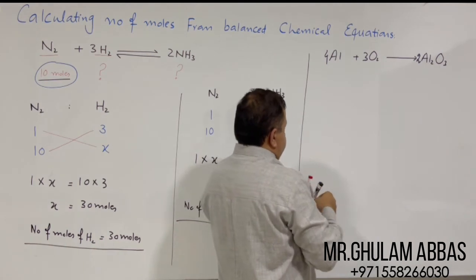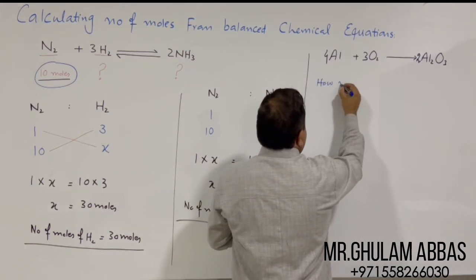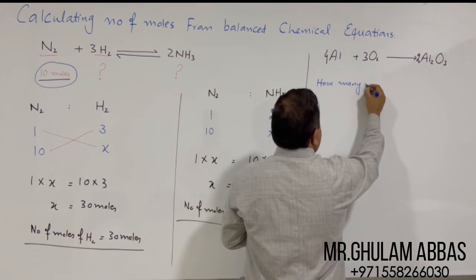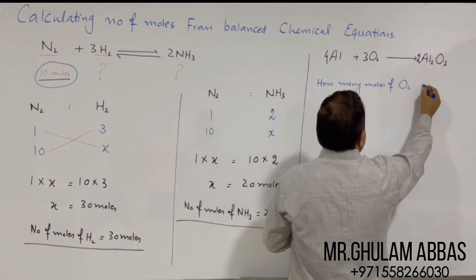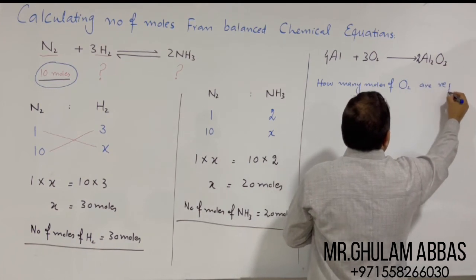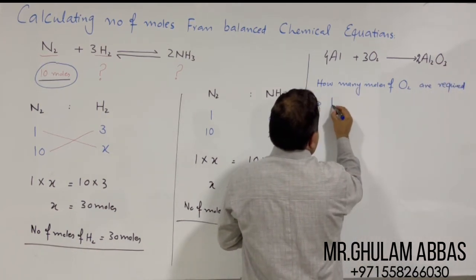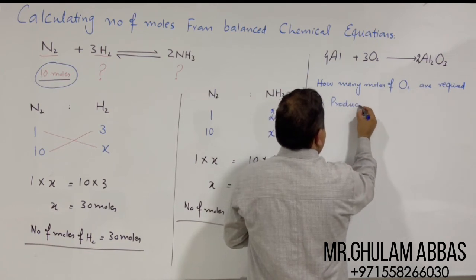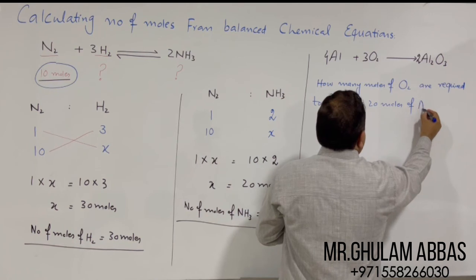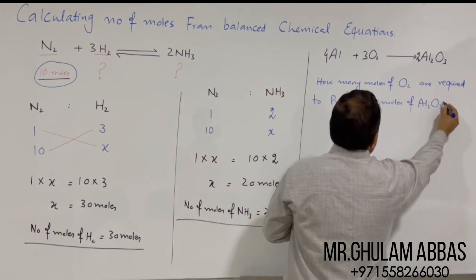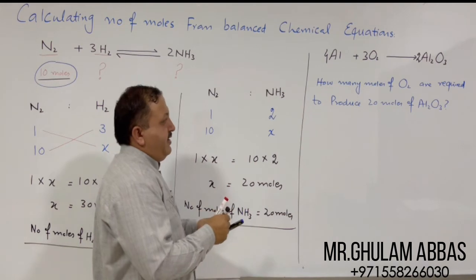Now my question is, how many moles of O2 are required to produce 20 moles of Al2O3? How many moles of O2 are required?